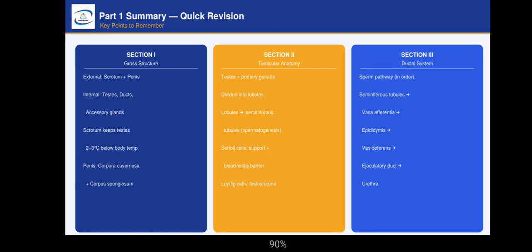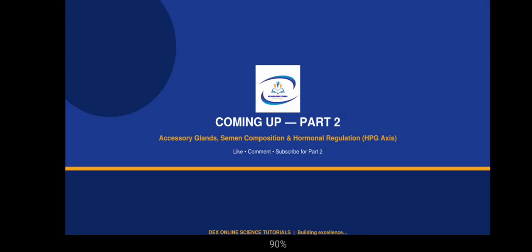We've discussed the structure of the testes, the lobes, the tubules, the Sertoli cell, the Leydig cell. We have also talked about the ductal system, which is the sperm pathway: the seminiferous tubule, vasa efferentia, epididymis, vas deferens, ejaculatory duct, and urethra. With that, I think we have covered the whole of part 1.